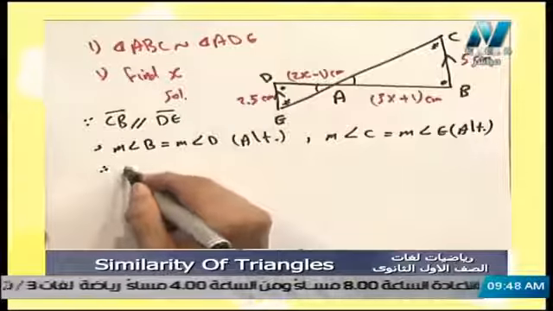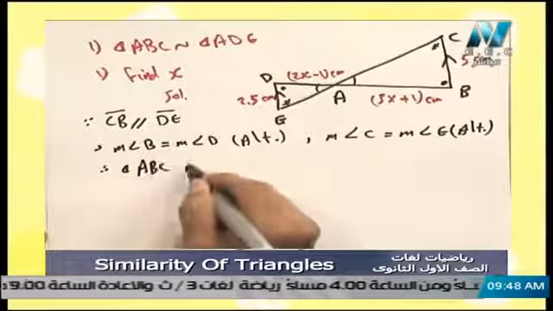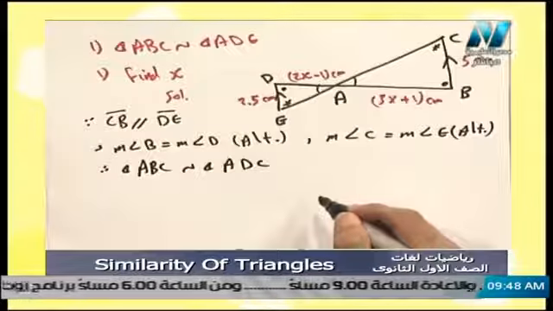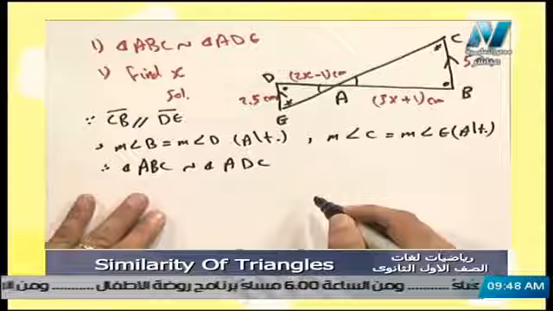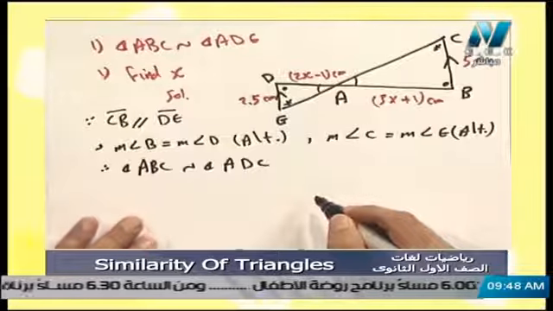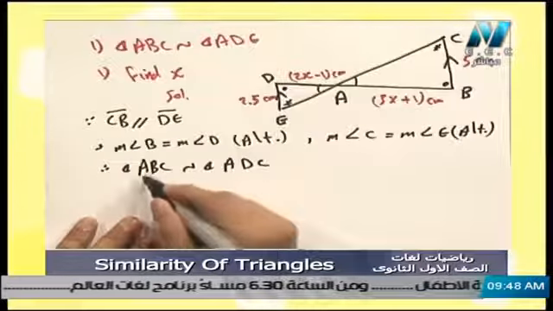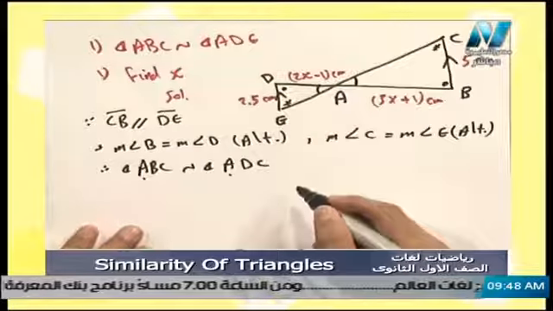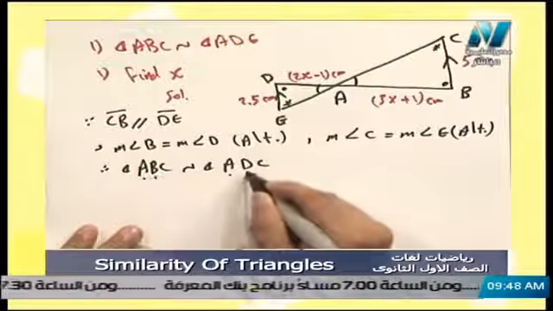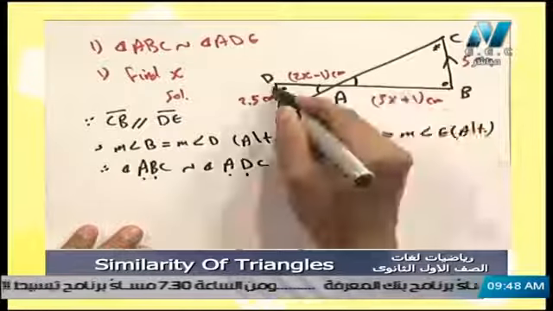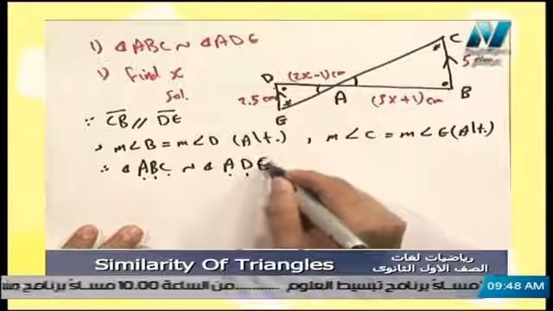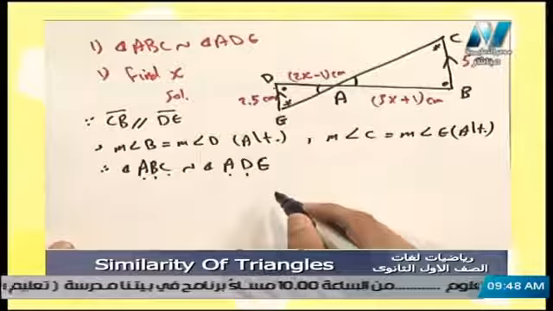Therefore triangle ABC is similar to triangle ADE, and we will write concentrating on the corresponding angles. Here angle A is A itself, because they are vertically opposite angles. B corresponds to D, because angle B equals angle D, and C equals angle E, because they are alternate.